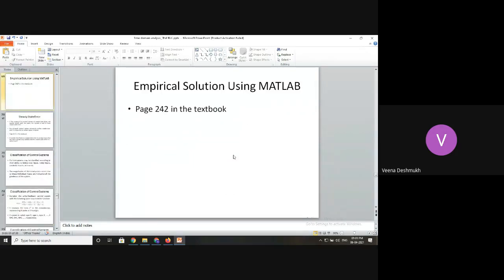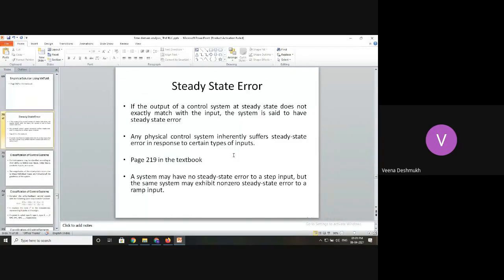So don't go into the S domain. Whenever we have this, there is a difference between the input applied and the output coming. Immediately the output is not available, so it is taking some time.